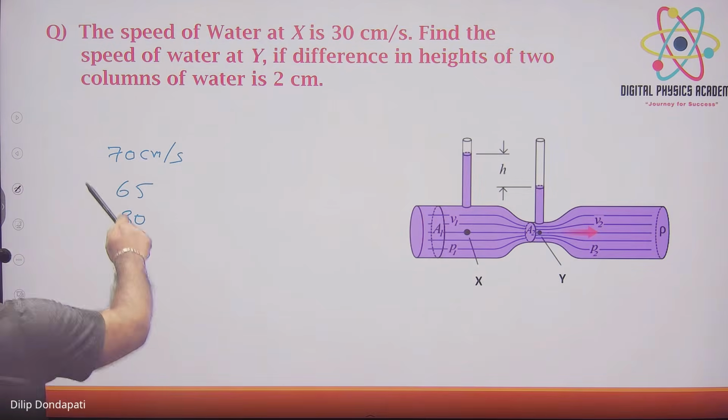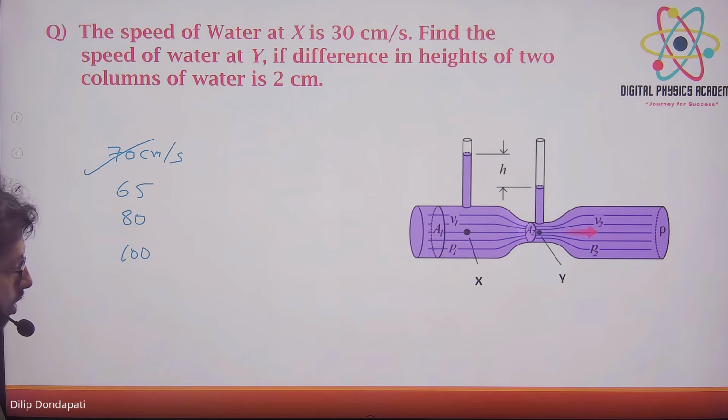Is 10 meter per second 1000 centimeter per second? 10 meters per second is 1000 centimeters per second. See, first you convert everything into meters per second. What is the answer? V2 square is equal to V1 square plus 2GH.